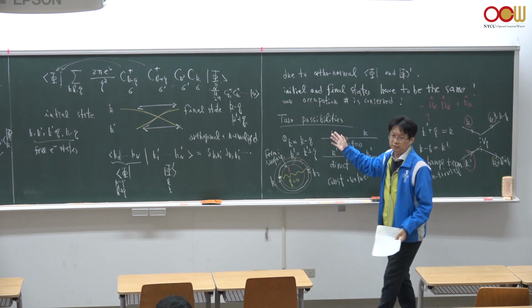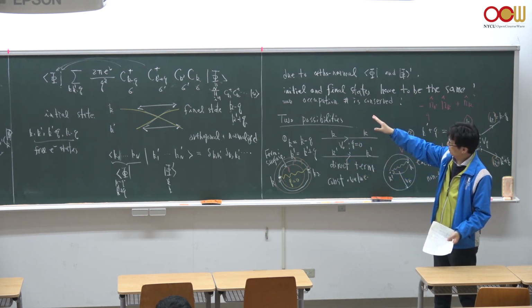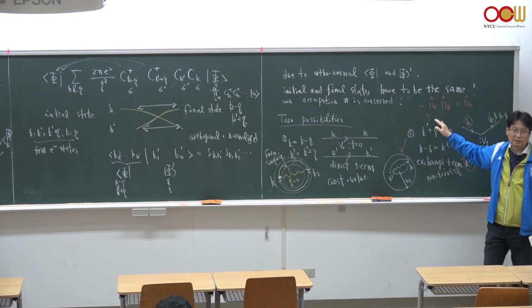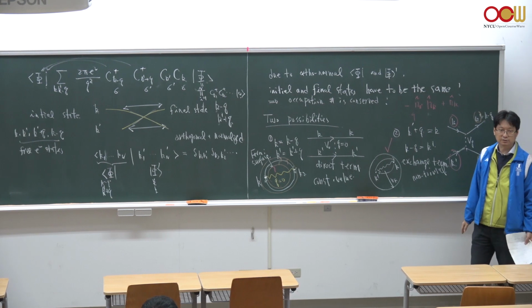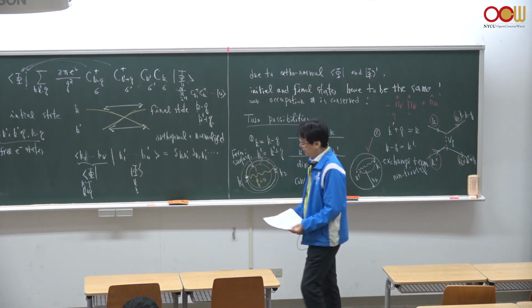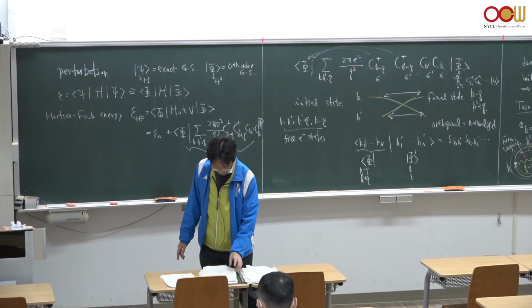So the goal is to reduce all these complicated fermion or boson operators to occupation number operators, and we know how to deal with those. Okay, and this is the advantage of using the second quantization formalism.